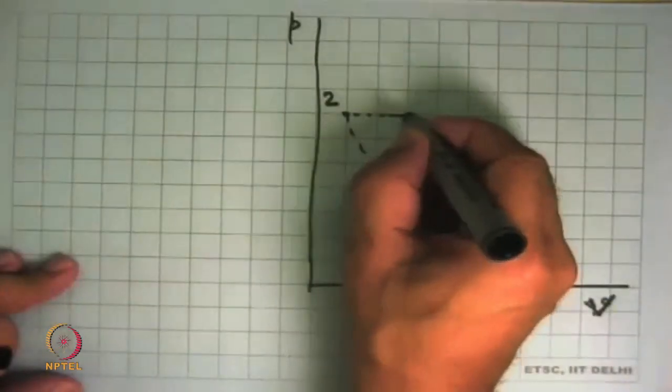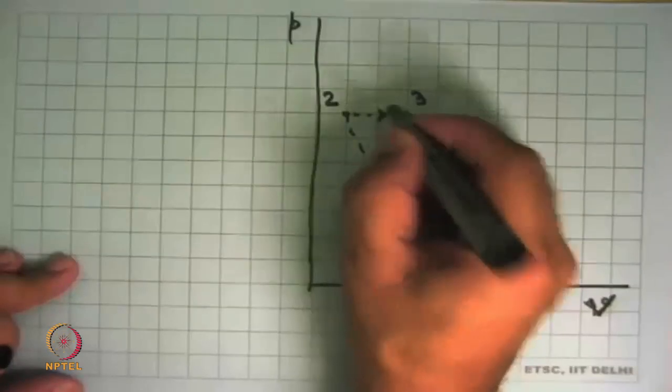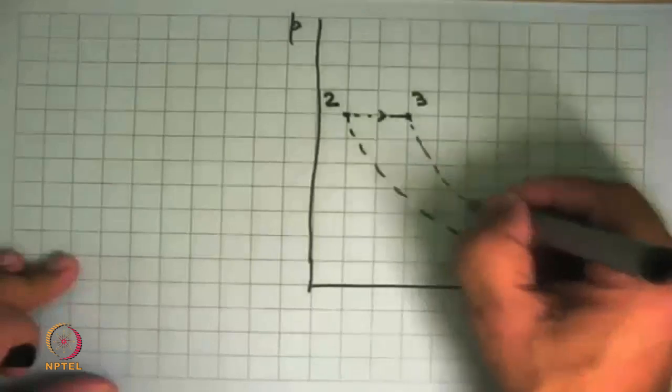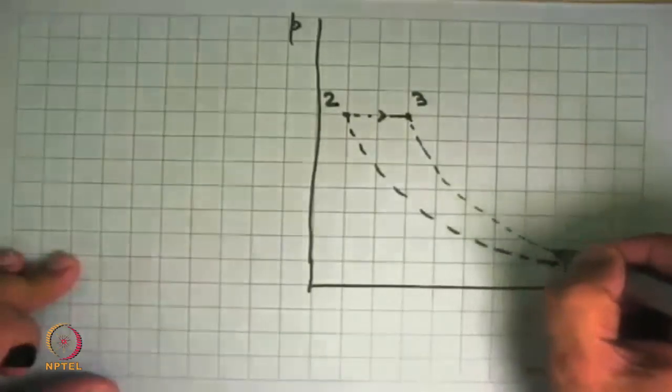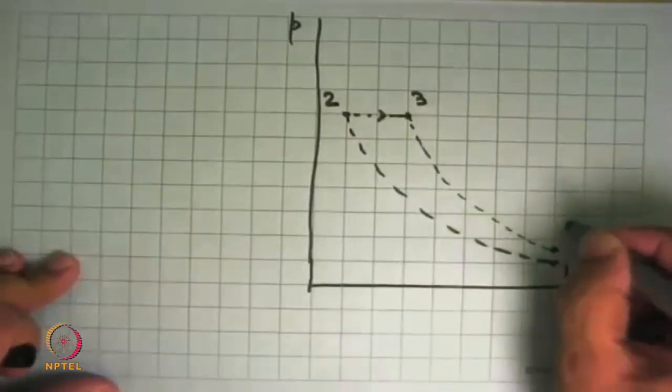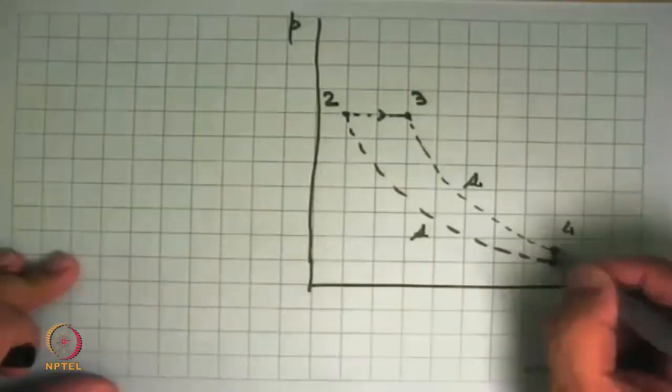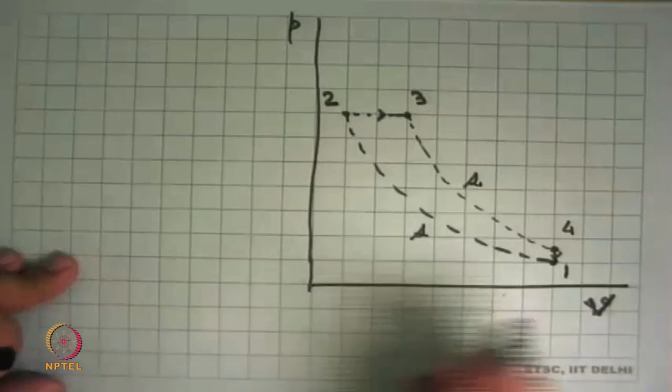So it goes there, and this is heat addition at constant pressure Q3. After that, we have exactly the same story. Expansion, which is isentropic, this was isentropic, and then a constant volume cooling.